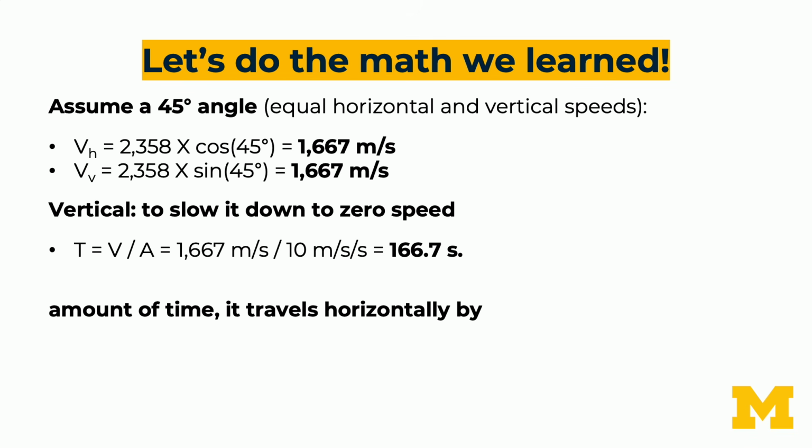You can calculate that time to go from 1,667 meters per second to zero just by dividing 1,667 by 10 meters per second squared, which is the acceleration due to Earth. And you come up with 166.7 seconds. The V2 would take about 3 minutes to go from the ground up to its maximum altitude, and then about 3 minutes to come back down.